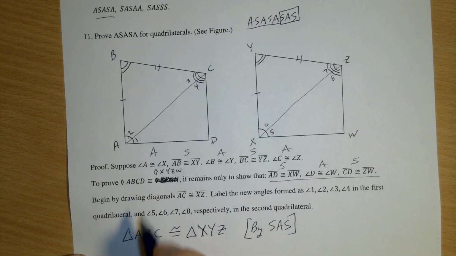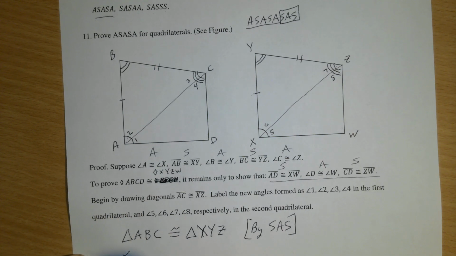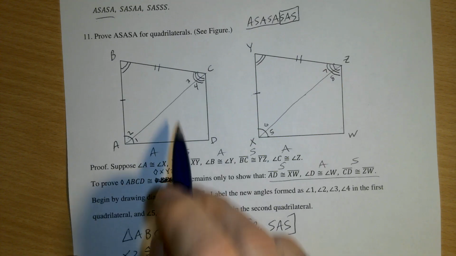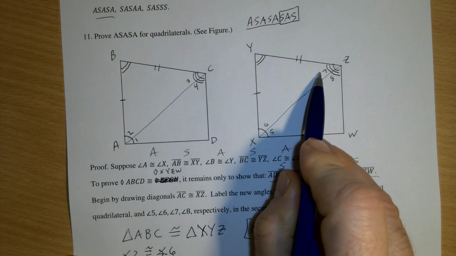So I'm going to say that angle 2 is congruent to angle 6. And I'm also going to say that angle 3 is congruent to angle 7.